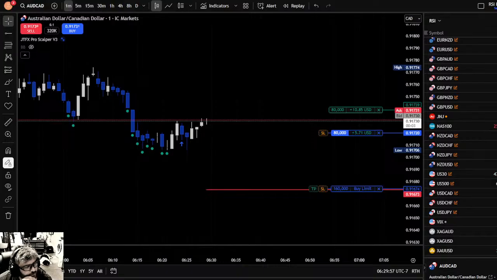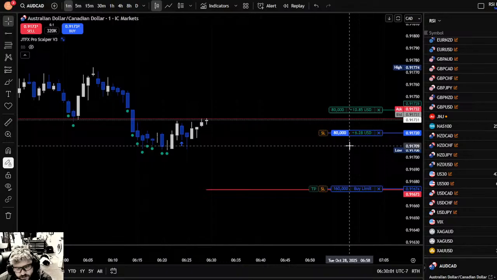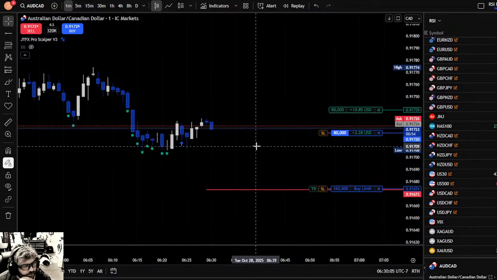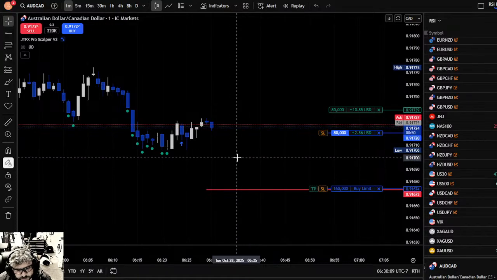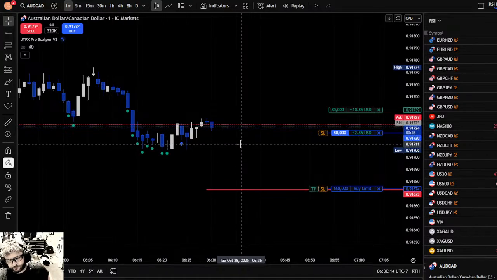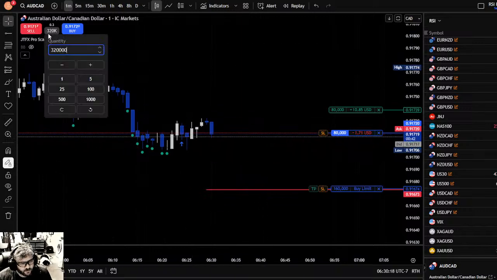That should give us a little bit more before we get out. Man, I should have went a little heavier. First trade of the day, and I'm tired, so I thought we'll just take a smaller position, but I think we went too small. Well, there we go. Let's add another position here, because we went too small.